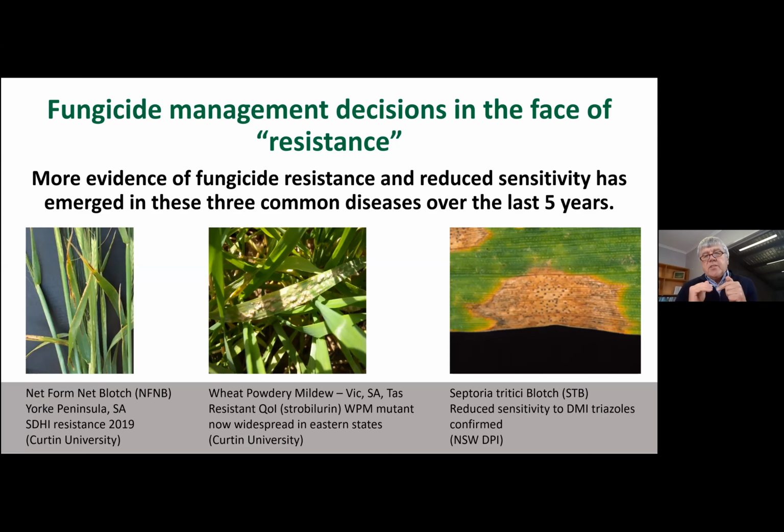And you can see that some of what we're seeing with fungicides is occurring in actually only the last 12 months. So form of net blotch has now been found in regions of South Australia, in particular the Yorke Peninsula, to actually the pathogen itself has overcome the SDHIs.